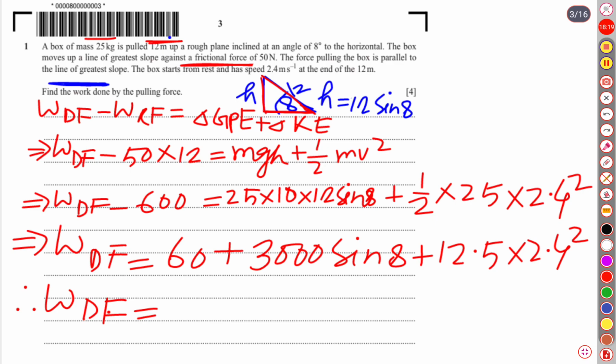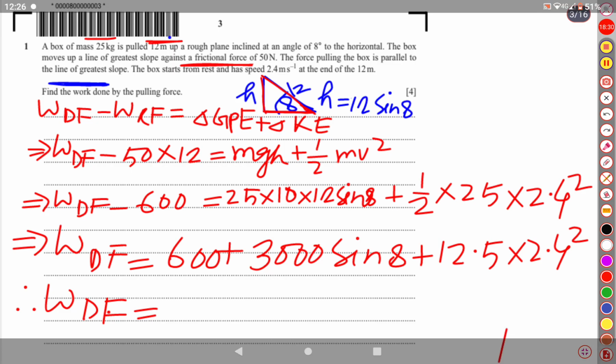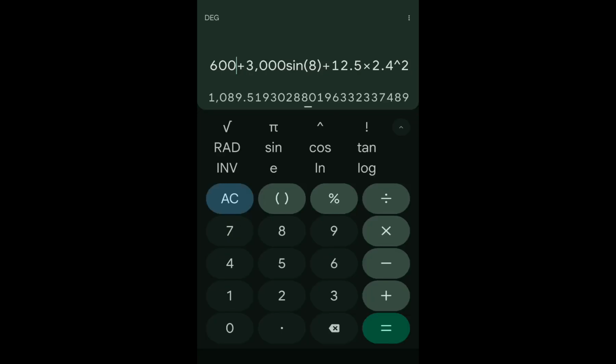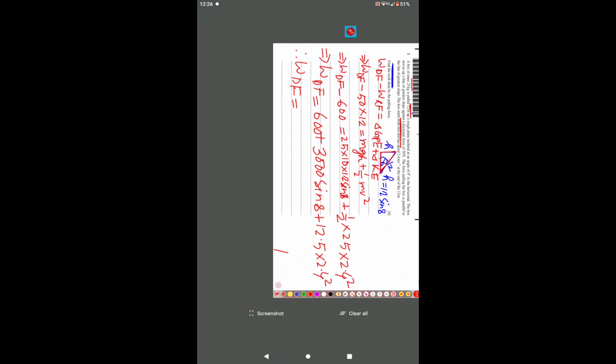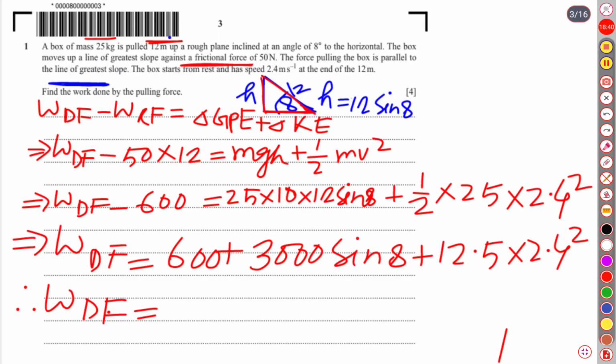Hence, our work done by the driving force, let us use our calculator: 600 plus 3000 sine 8 plus 12.5 into 2.4 squared is equal to 1089.52.